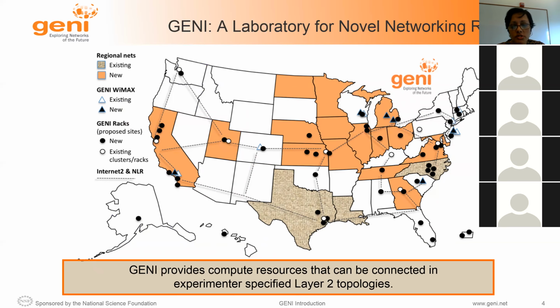A GENI rack could be a couple of racks of GENI equipment, or hundreds of pieces of equipment, depending on how large that site is. And then all of this is connected by the Internet to an NLR backbone.